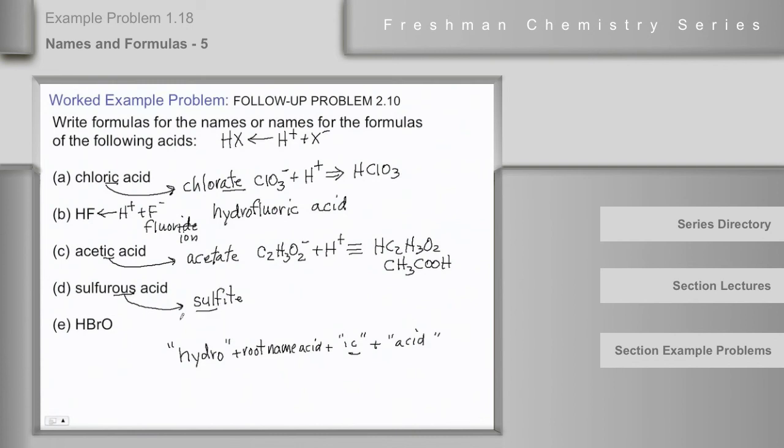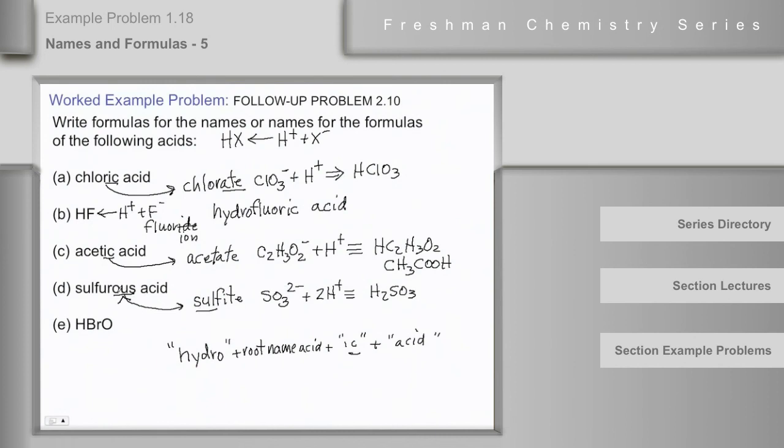The root sulf plus ITE for the SO3 2 minus ion would translate then into sulfurous acid when we combine it with two protons. The overall formula would be H2SO3 for sulfurous acid. So we get the formula from figuring out what the anion would have to be to produce this name.